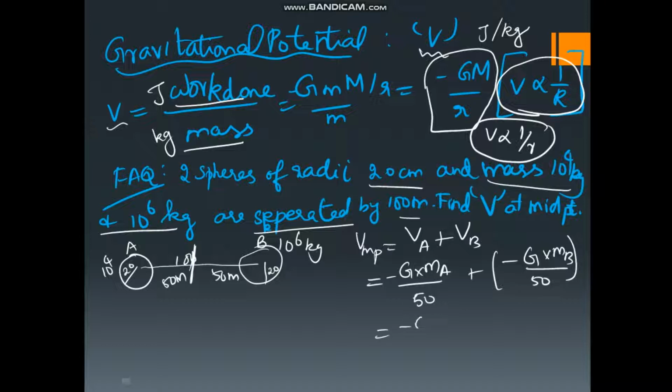Mass of sphere A is 10 power 4 kg plus mass of sphere B is 10 power 6 kg, that is equal to 1.35 into 10 power minus 6 joule per kg.